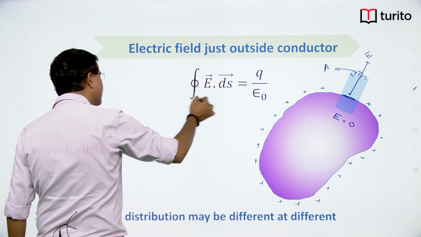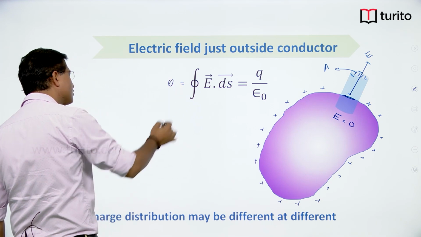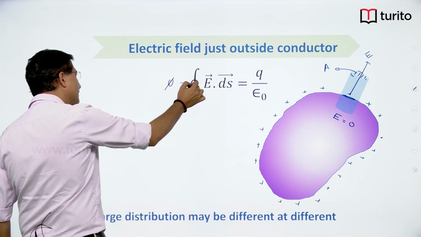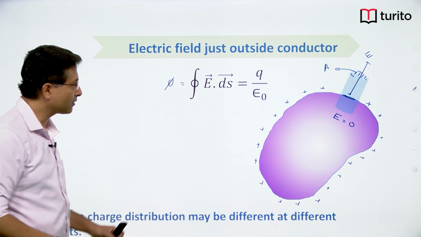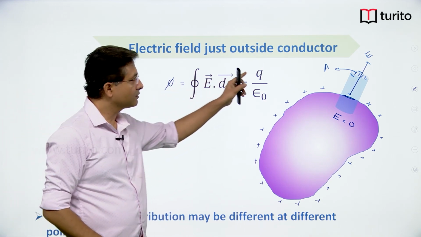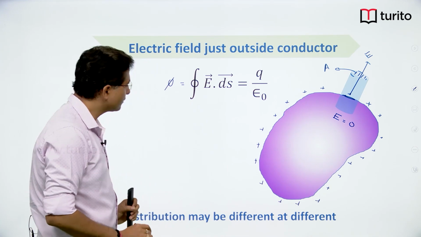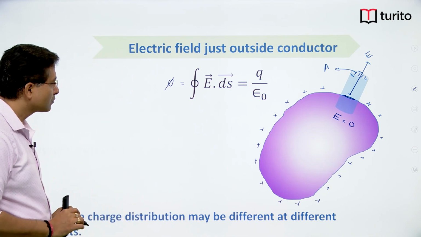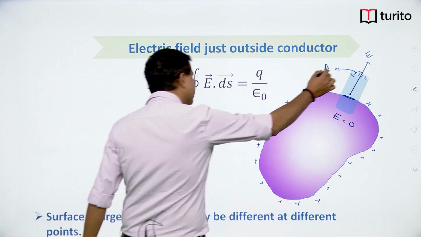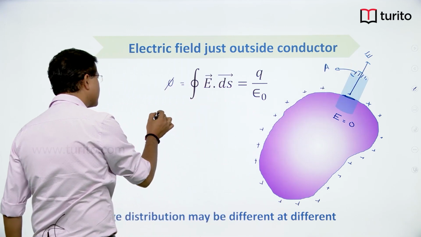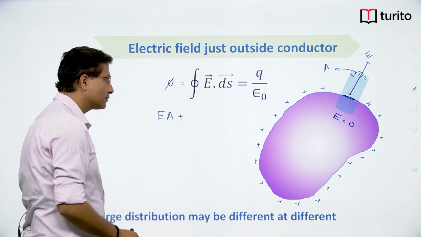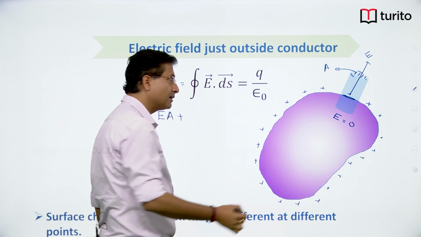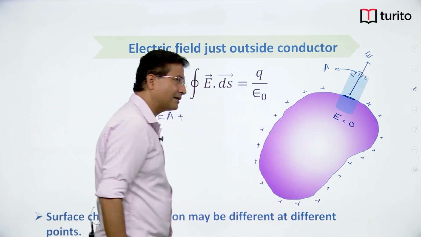On this side I need to write the flux, this is nothing but the flux enclosed by the closed surface, right, and according to Gauss law this is Q upon epsilon naught. So, the flux associated here, E times A, will be the flux, plus here you can see the field is 0 inside the conductor.